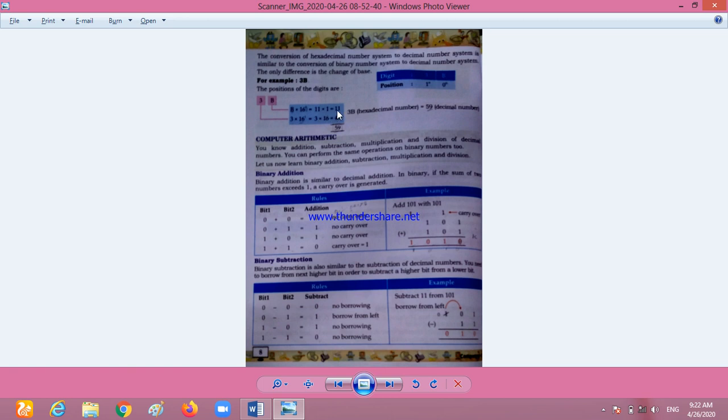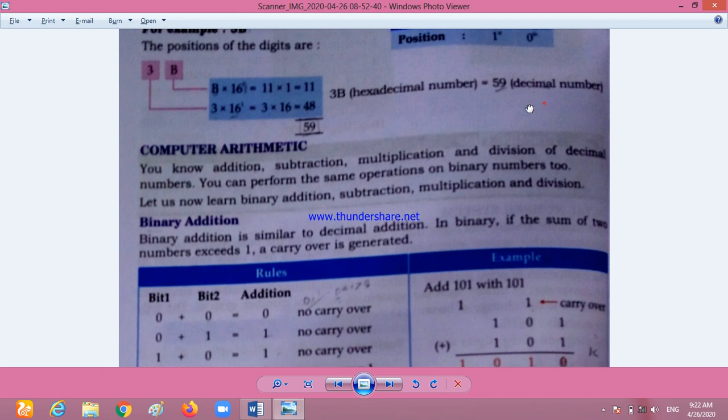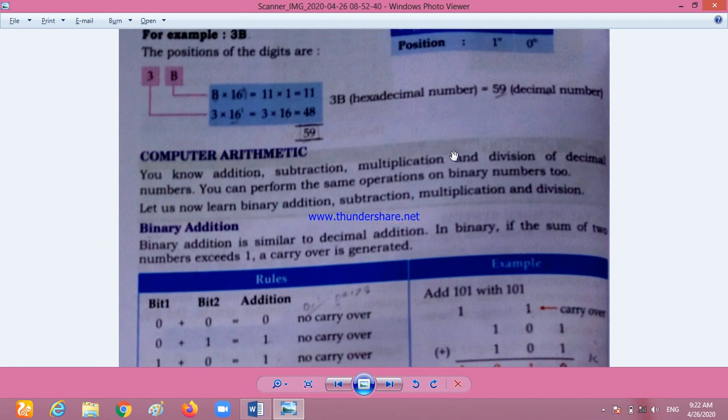Then 11 into 1 is 11. Then 16 to the power 1 is 16, and 3 into 16 equals 48. Then 48 plus 11 is 59. So if we have 3B as a hexadecimal number, in decimal it is 59.